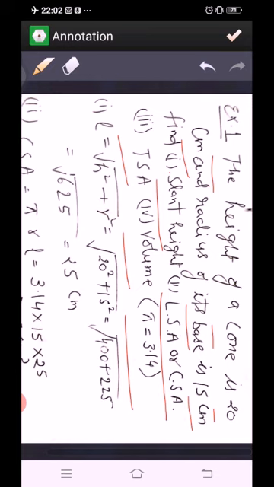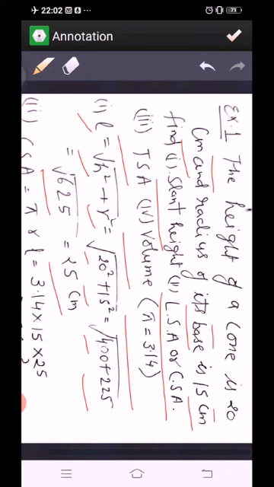So let us see, first we have to find slant height L. We know that L equals under root H square plus R square. H is 20 centimeter, so 20 square plus base radius square, that is 15 square. We get 400 plus 225. On adding we get under root 625, square root is 25.